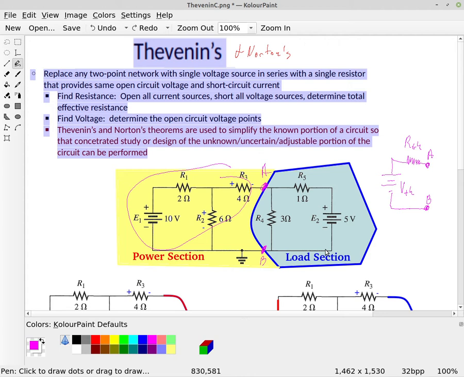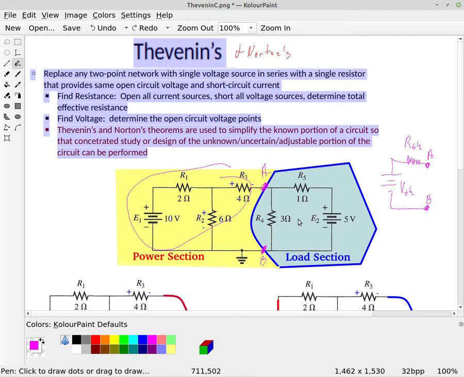So that's the idea of Thevenin's theorem: we're going to take a complex circuit and break it into essentially a power or supply section, where everything happening on the left hand side is just to provide the proper voltage and current at the points A and B so that we can power our load section.